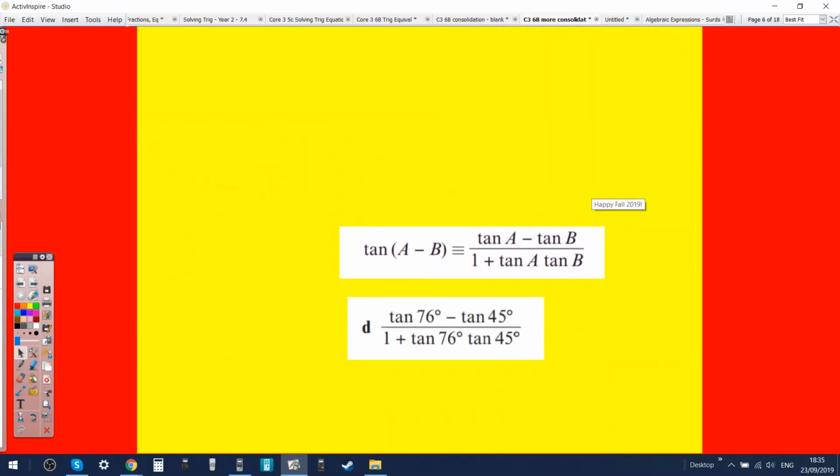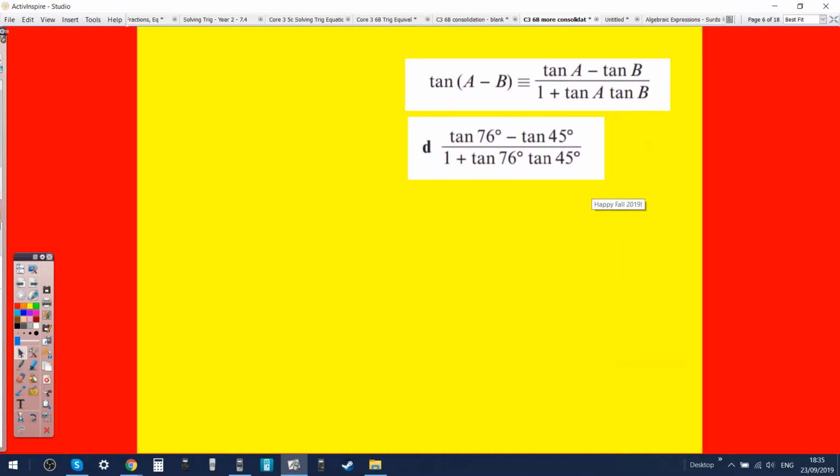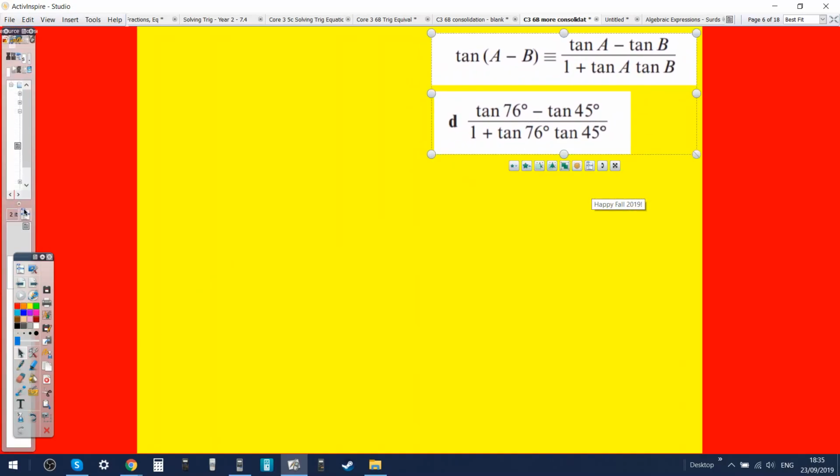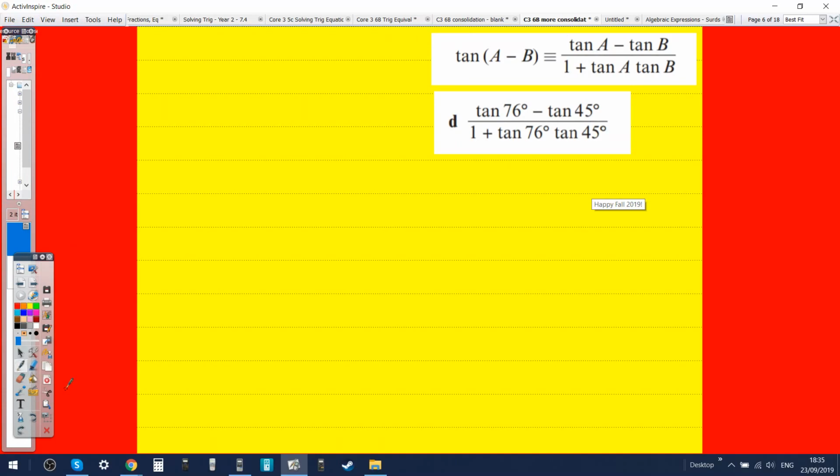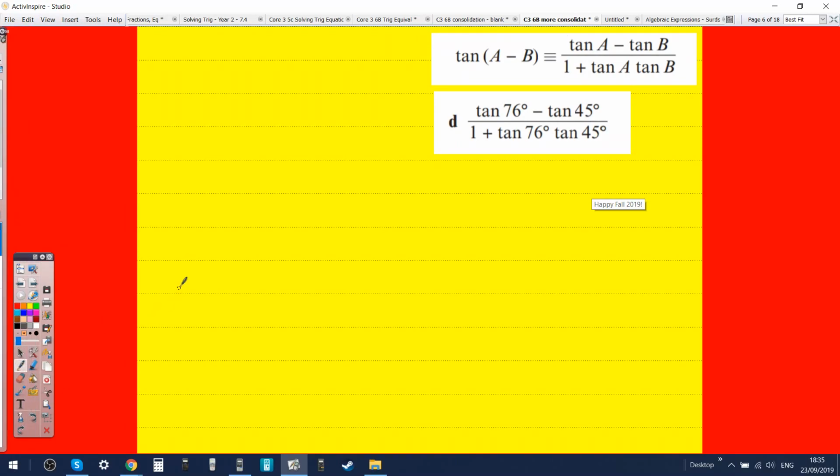Okay. So write this in the form of a compound angle, in the form tan A minus B. I'll just write down the formula first.